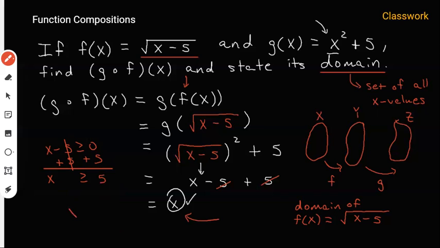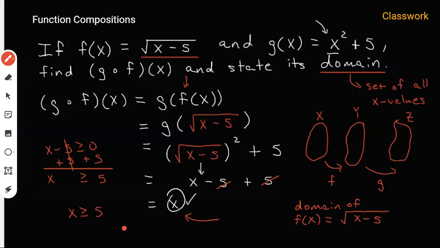So this is going to be the domain. In other words, when you're looking at the function f of x, which is equal to the square root of x minus 5, which x values can you actually put in that function? Only numbers that are greater than or equal to 5.